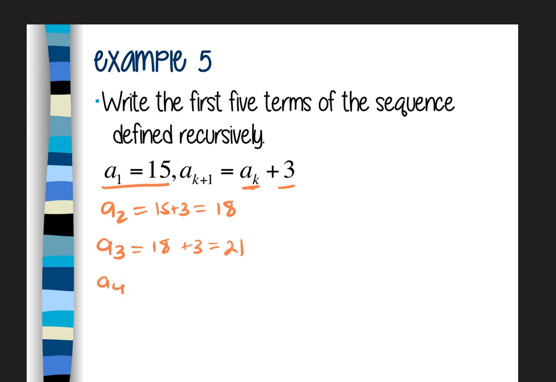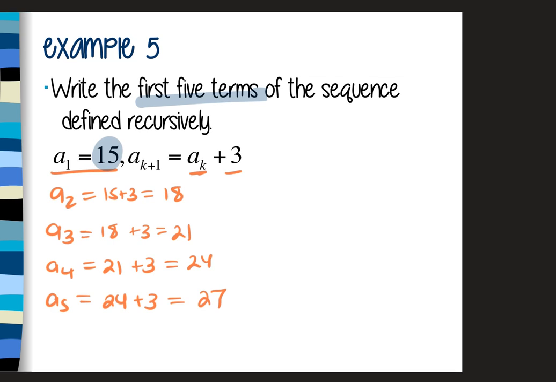The next one, go to the previous answer, 21, and add 3 to it. You get 24. A5, go to the one before it, add 3 to it, and you get 27. So the first 5 terms of this sequence include the one they give you because that's A1. Be careful there because that's a mistake people make. So it would be 15, 18, 21, 24, and 27.